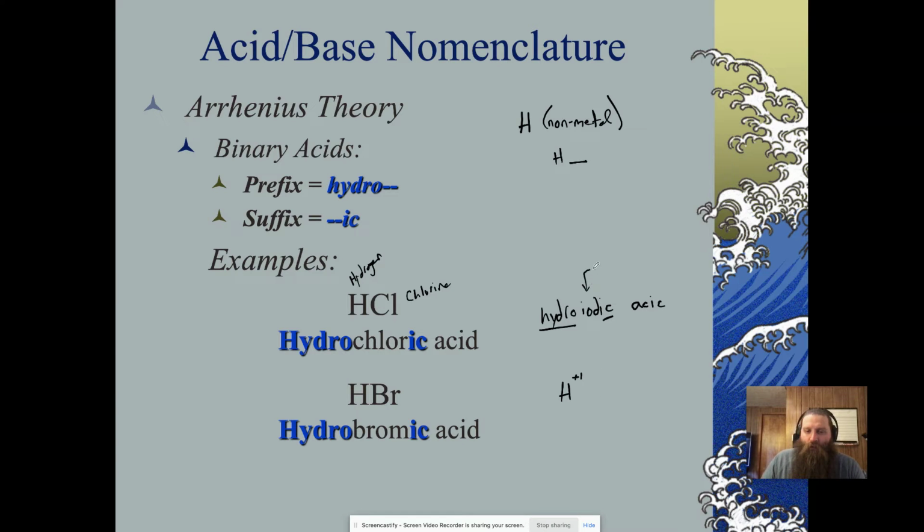And iodic comes from iodine. Iodine is a halogen. It's a -1 charge. So I cross my charges just like every other ionic compound. And I have HI. And there we go. That's how I'm going to come up with the formula from the name or name from the formula.